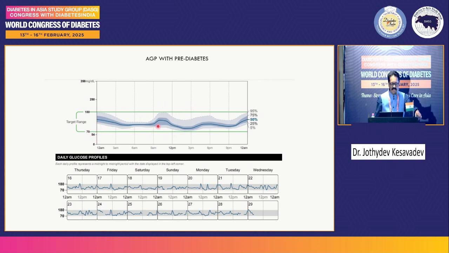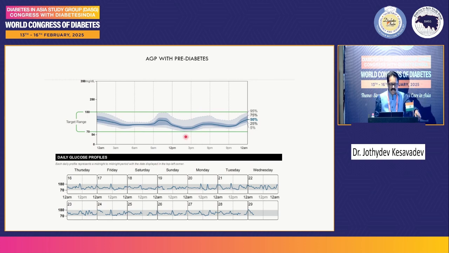But still, very evident will be the post meal excursion. After a meal, including after a snack, there is a pronounced glucose excursion. That is there even in people with normal glucose tolerance, and much more evident in people with pre-diabetes.